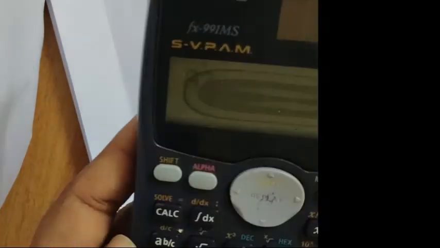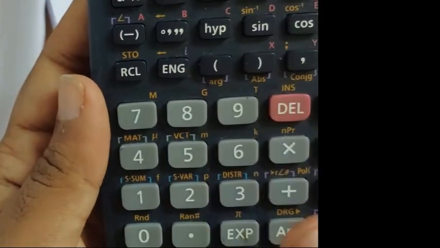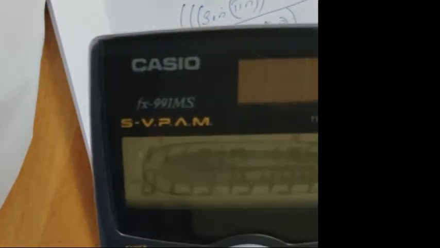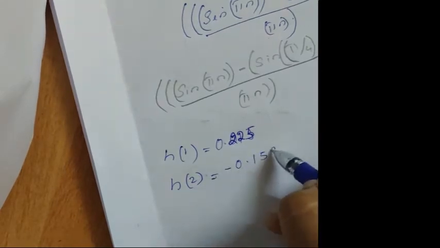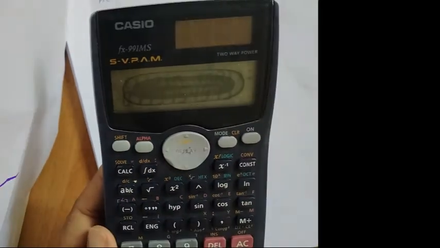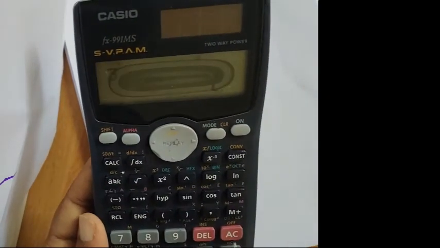Okay. Now you have to find h of 2. Here, for finding h of 2, don't press anything else. You have to just press calc. It will ask the value of A. Now you have to give the value 2. Okay. Equal. So you will get minus 0.159. Again, you have to press calc and then it will ask for the value.